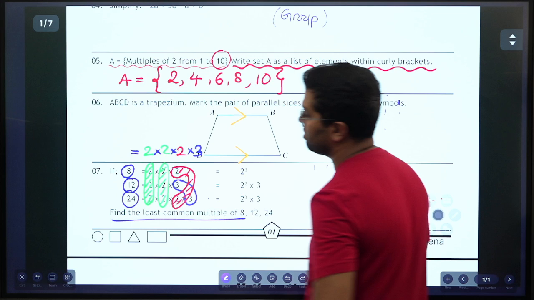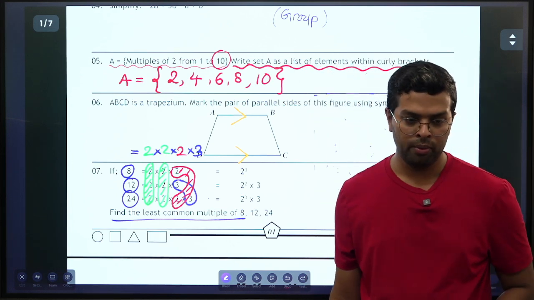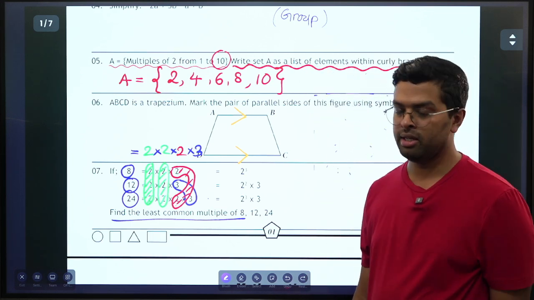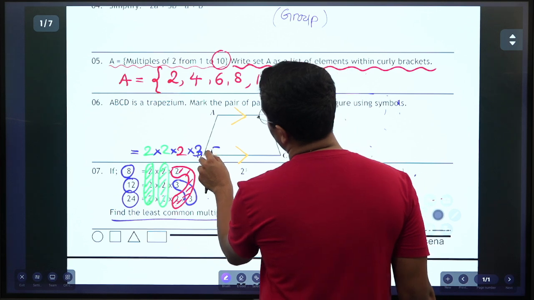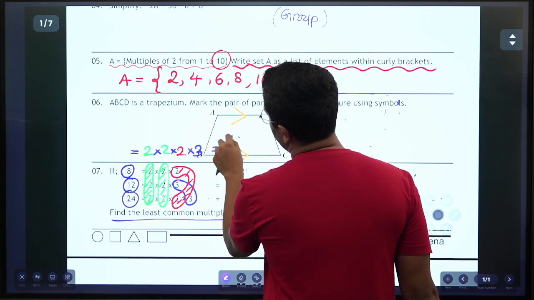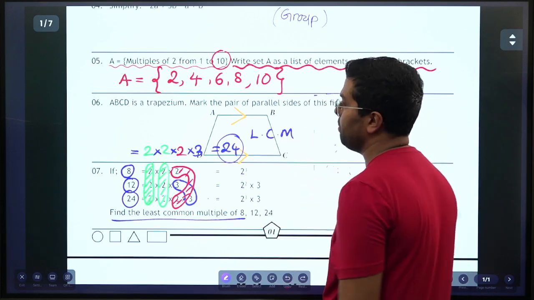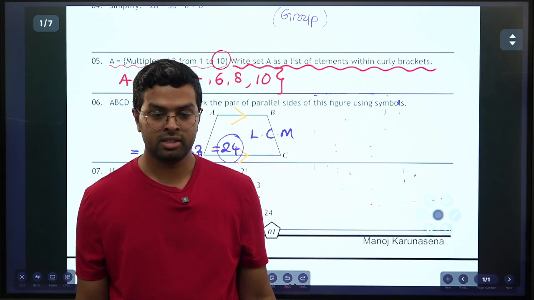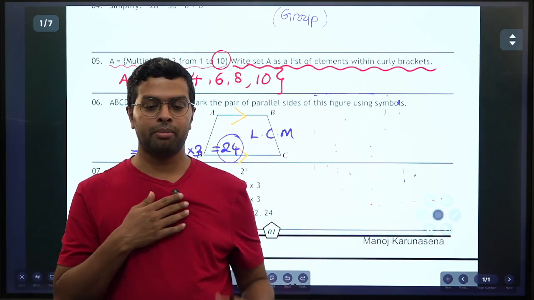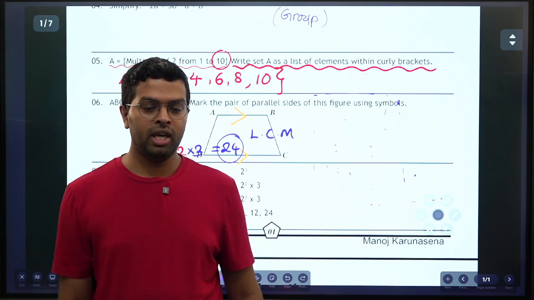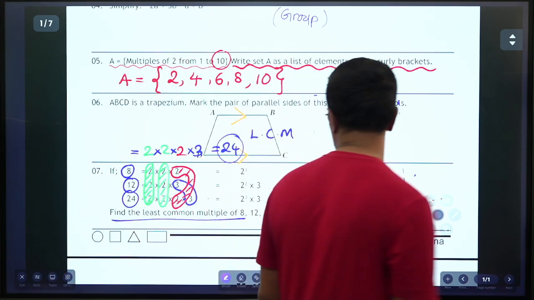What is the answer? 2 times 2 is 4, 4 times 2 is 8, 8 into 3 is 24. So the LCM of these three numbers equals 24.